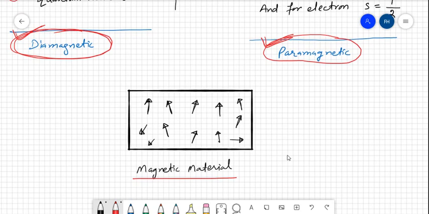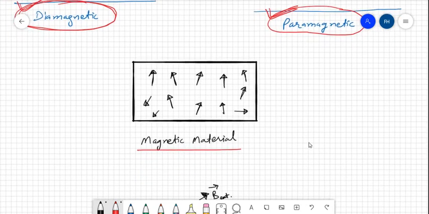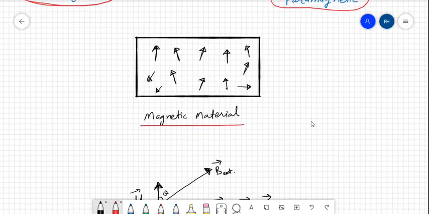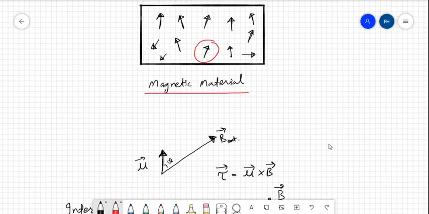Before that I want to discuss one thing. Because we have to study magnetic material, we want to focus first on the basic element of magnetic material, that is the magnetic dipole moment, a single dipole moment, and find out how it interacts with the external magnetic field.